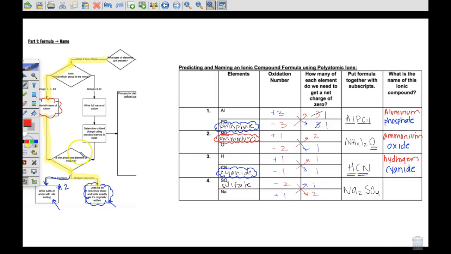And finally, for our last example, we have Na, which stands for sodium. And then I'm looking at the back part of it, and it's multiple letters, so I have to reference my sheet. And I'm going to write down exactly what the name is. I'm not going to change it, so this compound is called sodium sulfate.